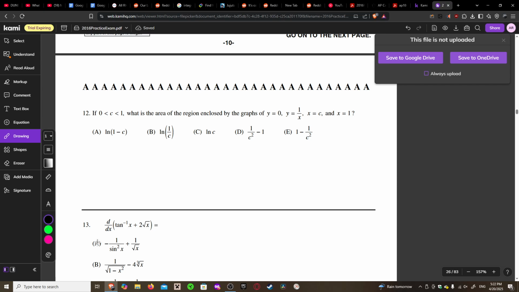If the area enclosed by the graphs of y equals 0, x equals c, and x equals 1.